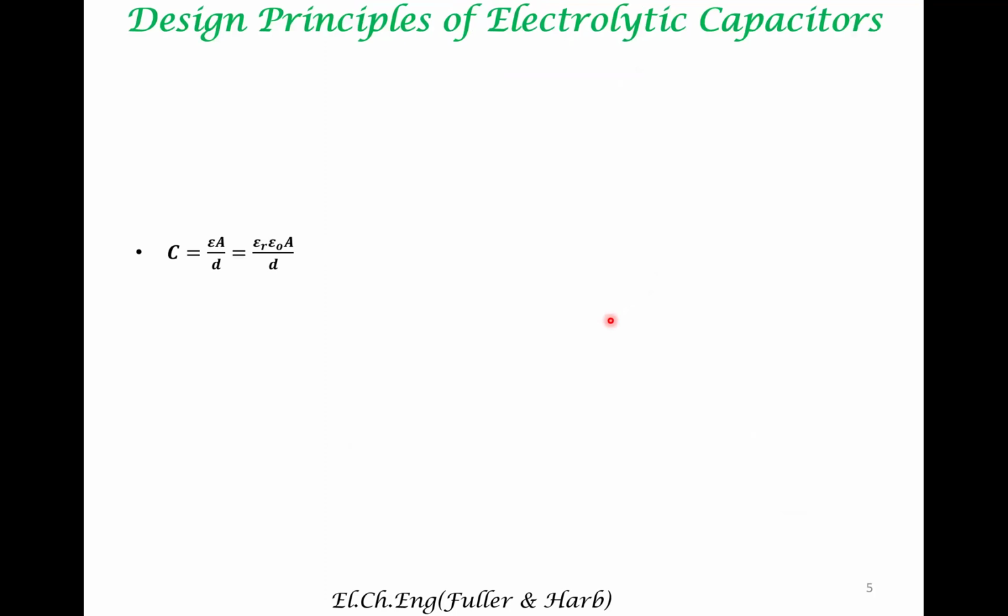So why do we do this? The essential design principle of electrolytic capacitors follows from the formula for a simple capacitor. If you have the formula for a simple capacitance, the capacitance scales as A, and when D is decreased, capacitance increases.